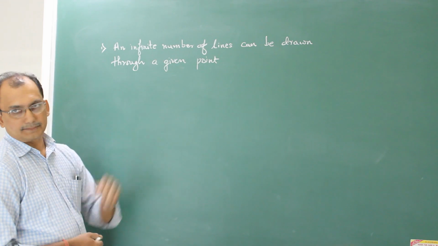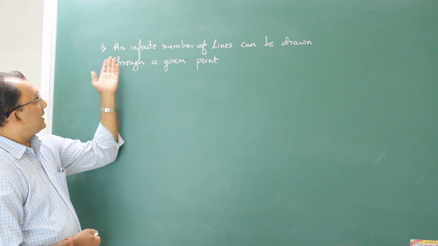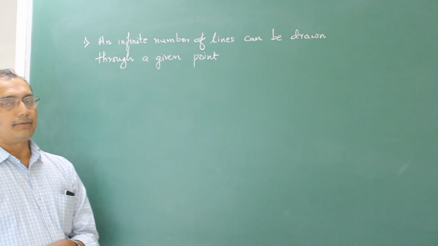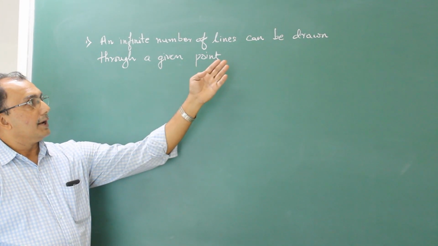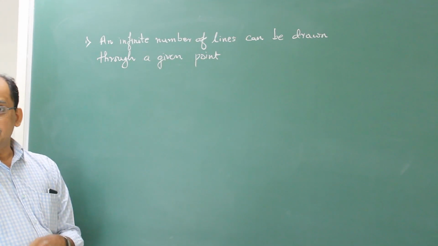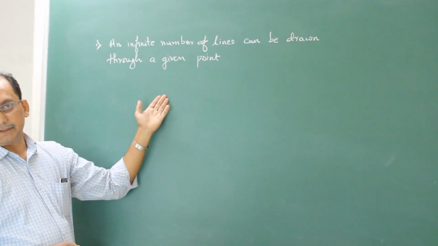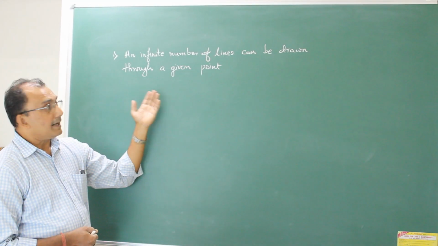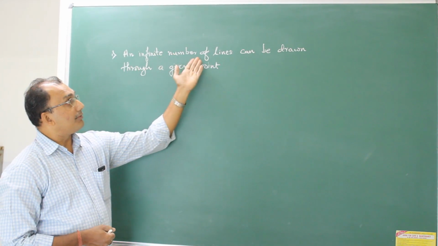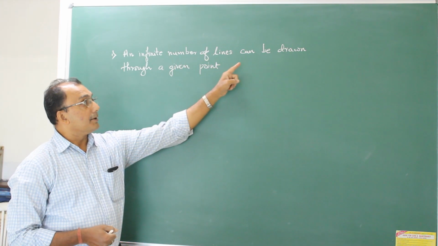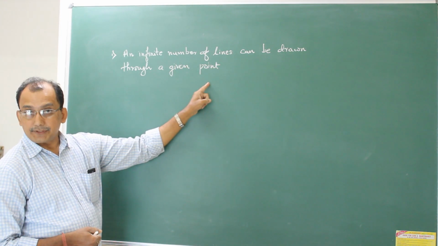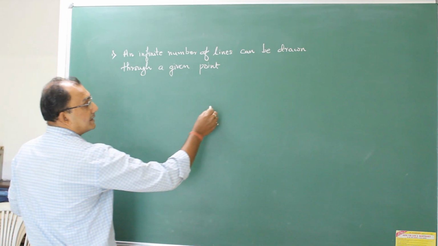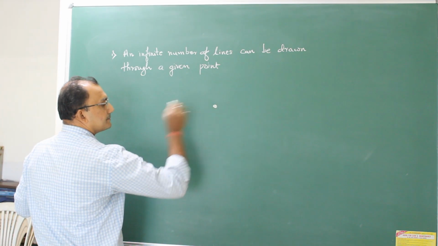The first axiom. It says that an infinite number of lines can be drawn through a given point. So what does it mean? We can draw infinite number of lines through a given point. It means we have a point.